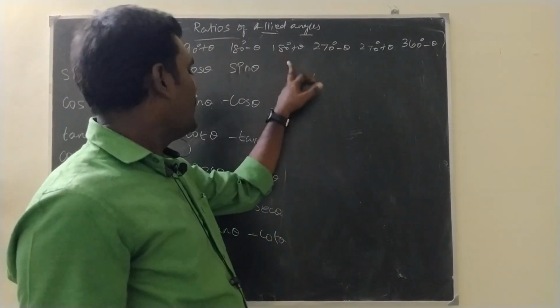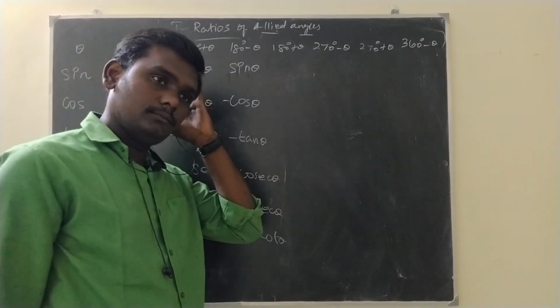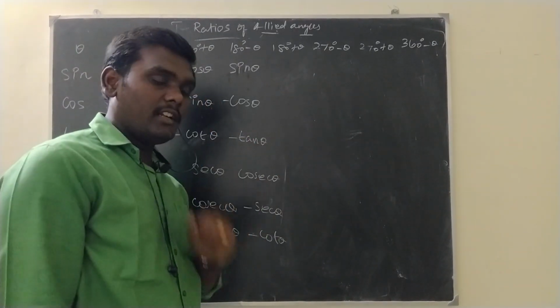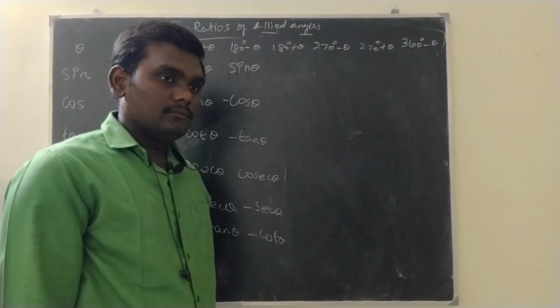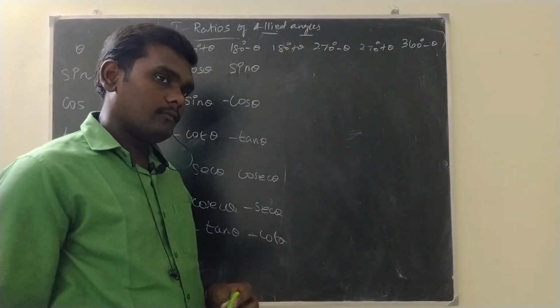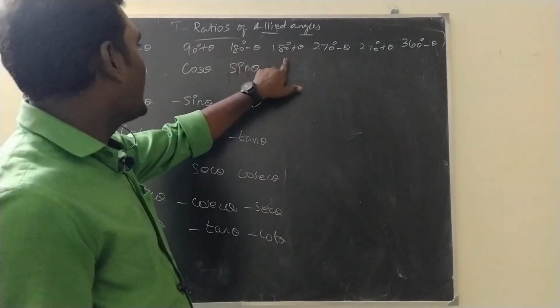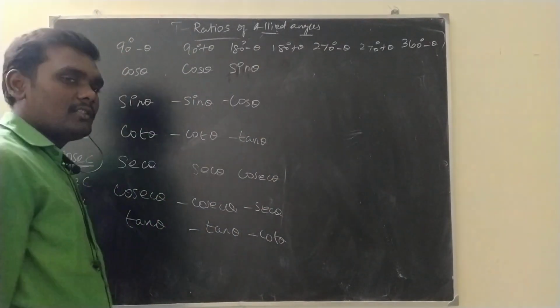Now answer me, 180 degree plus theta lies in which quadrant? Third quadrant. Whose territory is it? Tan and cot are positive. Then what is sine 180 degree plus theta? Change or no change first?